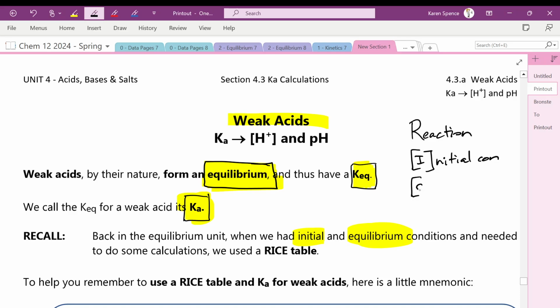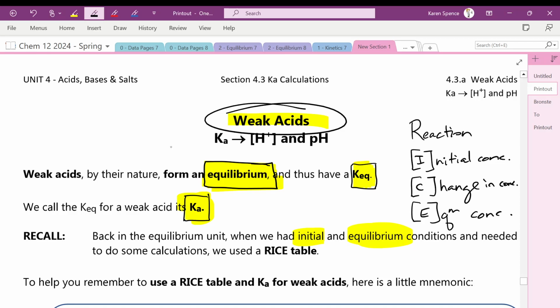C stood for change in concentration. And E stood for equilibrium concentration. Okay, so we used a RICE table. We're going to need to use a RICE table and a Ka anytime we have a weak acid.